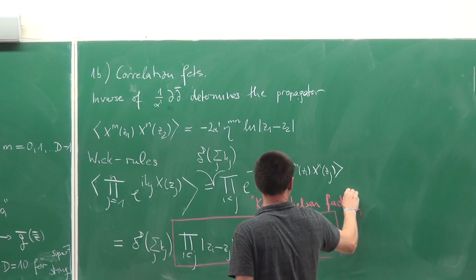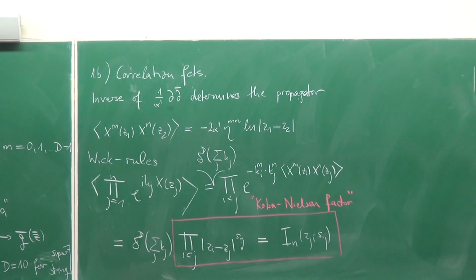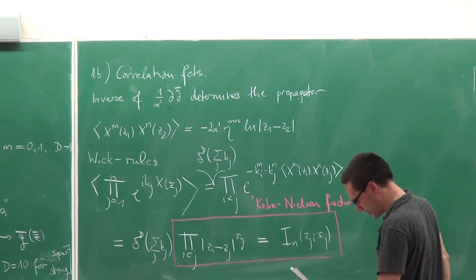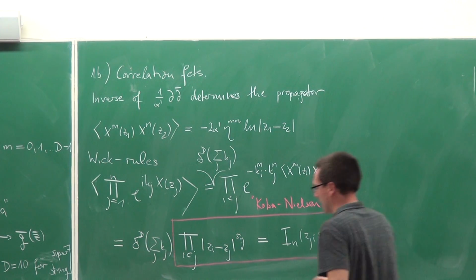As you will see, this is really the engine of string amplitudes. For instance, it specializes to these ingredients of the Veneziano amplitude, which later on generate the poles or the effective vertices in the alpha prime expansion. So you will see this over and over again.